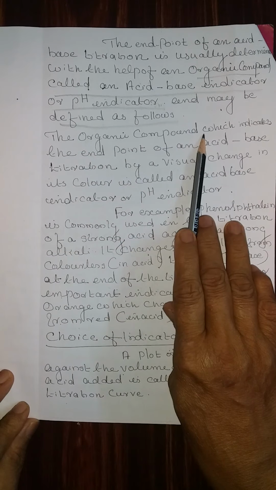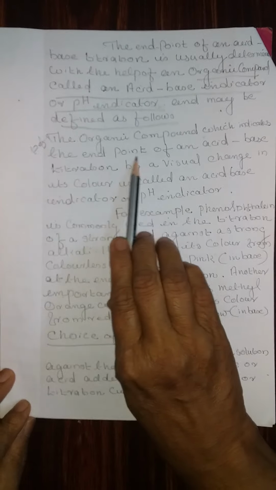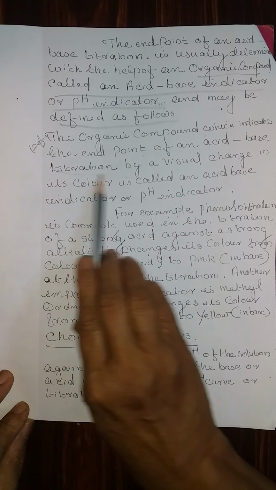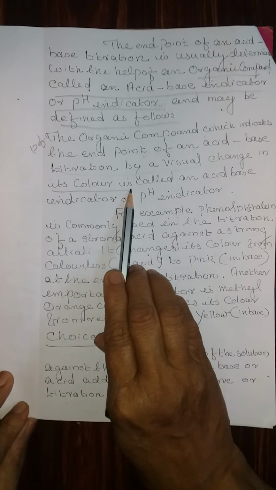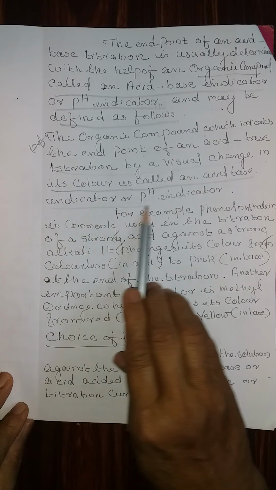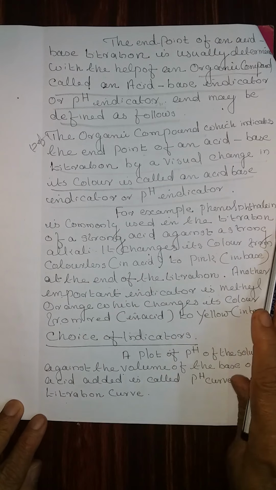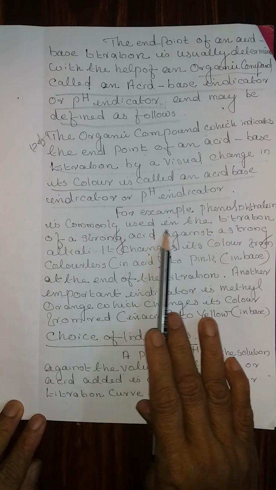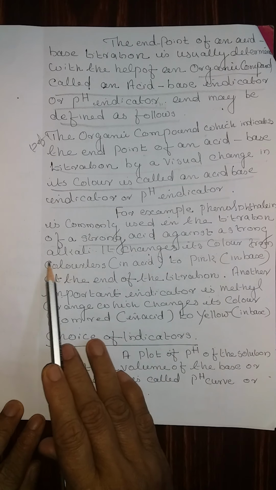The organic compound which indicates the end point of an acid base titration by a visual change in its color is called acid base indicator or pH indicator.